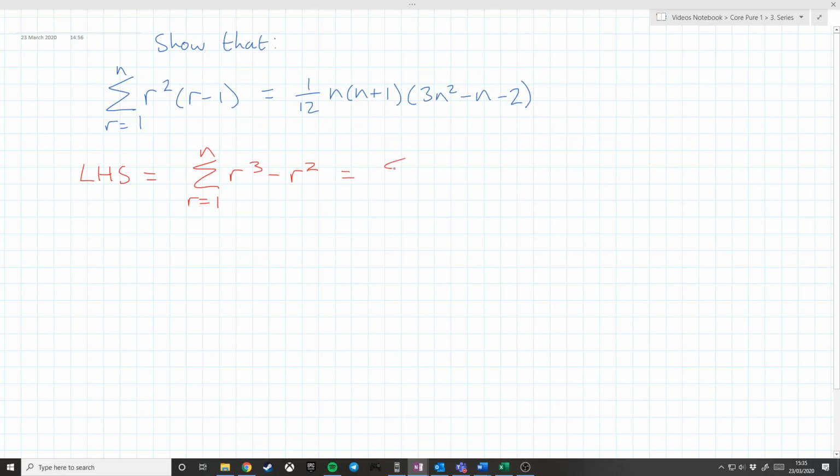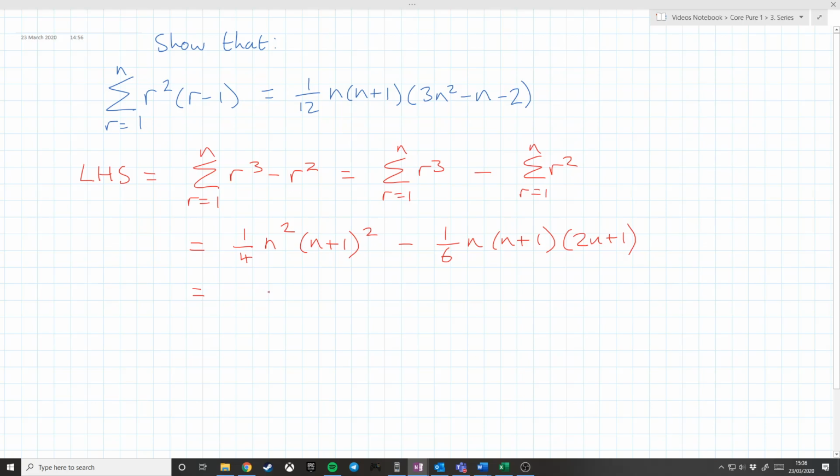So this is equal to the sum of r equals 1 to n of r cubed minus the sum from r equals 1 to n of r squared. So substituting my two formulas in, I have got a quarter n squared (n plus 1) squared minus a sixth n plus 1, 2n plus 1.